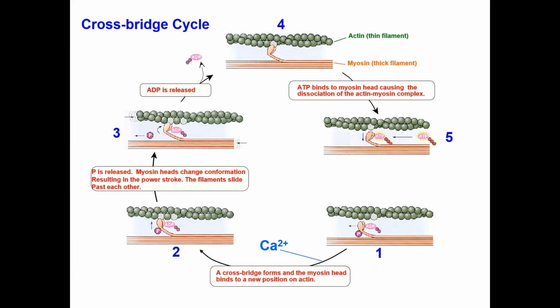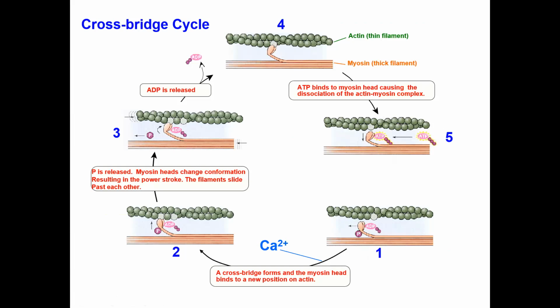And you see that the head is now released, and the ATPase activity of the head breaks down the ATP to ADP and phosphate. That breakdown releases energy, and that energy is used to bring the head from this position back to this position. It was like this, now ATP binds and is hydrolyzed, the energy is released, and it becomes like this.